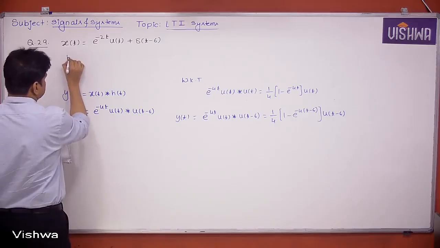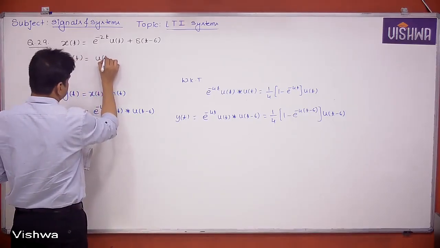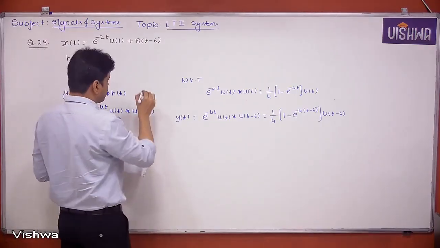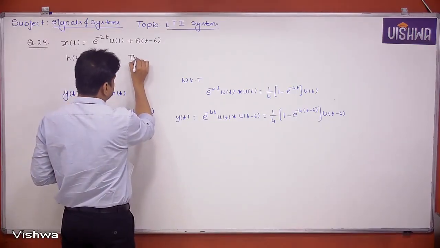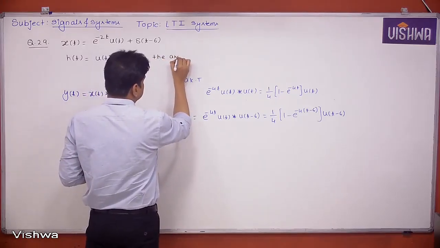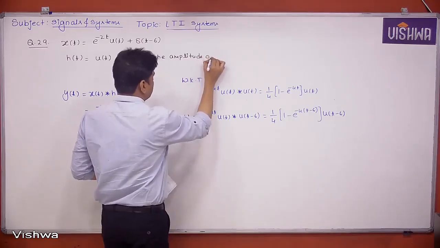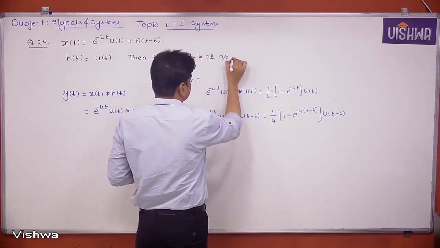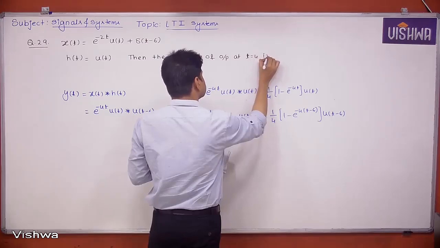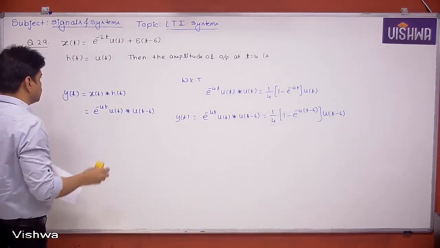H of t is equal to u of t. Then the amplitude of output at t is equal to 4 is? That's what we have to find.